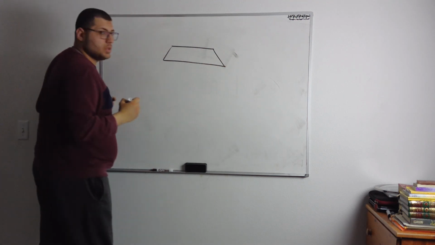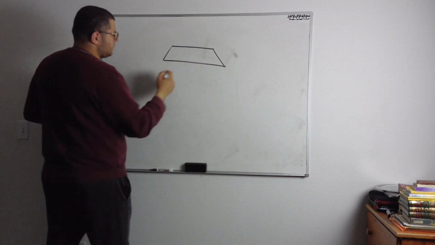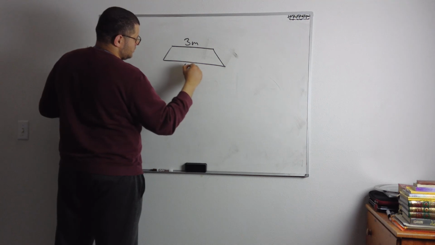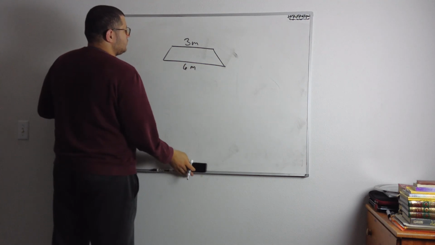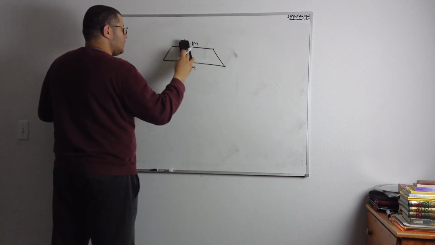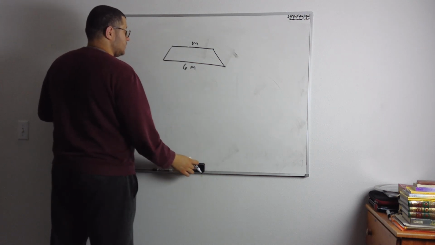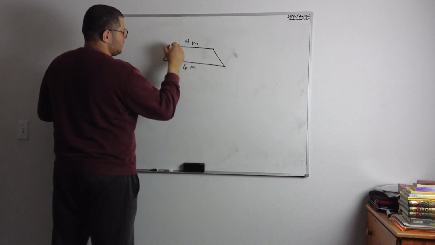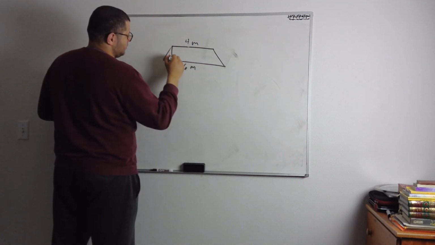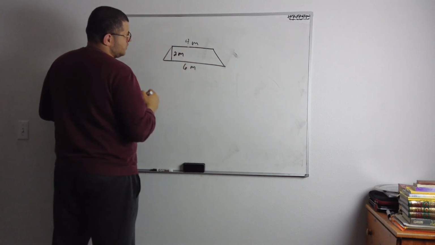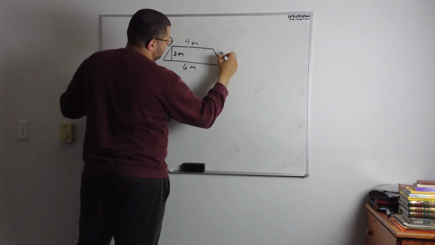There you go. So the trapezoid we have here has 3 meters, 6 meters. No, that's too off. Let's say this is 4 meters and 6 meters. And then it has a height here of, let's say, 2 meters. And this side is 3.